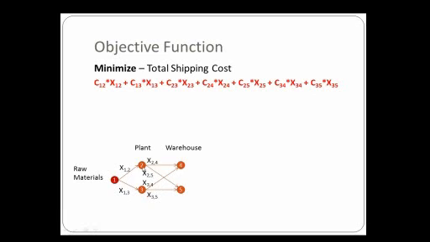Then the amount that I ship from 2 to 5 would be X25. That's where these terms come from. So every transfer point I have in here, every arrow, would have a cost function associated with it. And so I'm trying to minimize the total cost.